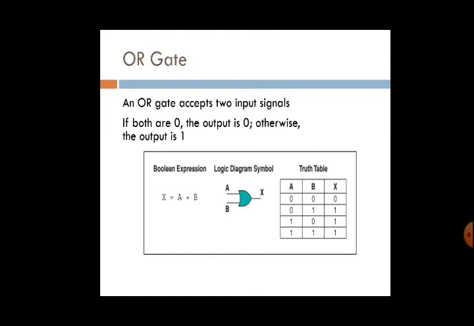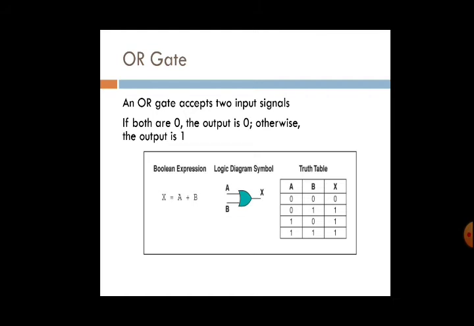Right? The Boolean expression X is equal to A plus B. It means the OR gate performs the additive operation. It is a gate whose output goes to level 1 when any one or more inputs go to level 1. That means output goes to 0 level only when all the inputs are at 0 level.